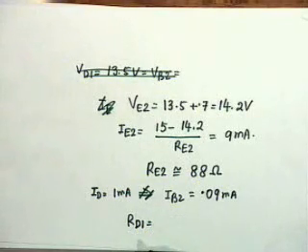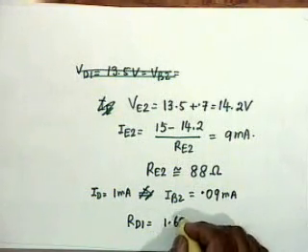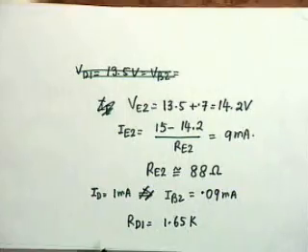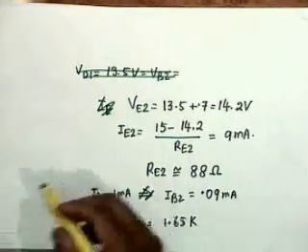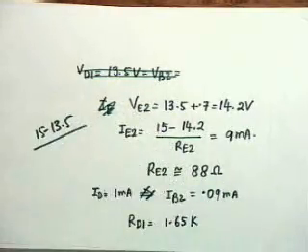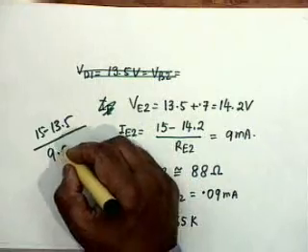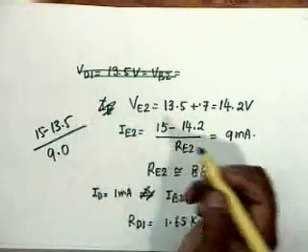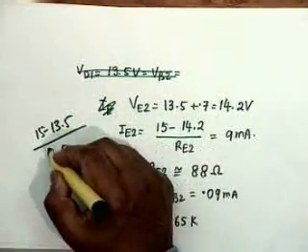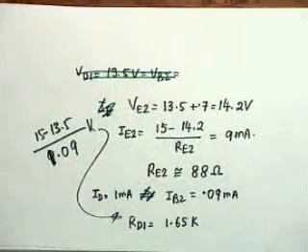Let me not write the equation. I have explained what it is. RD1 is 1.65 K. This is what I find. What I did was 15 minus 13.5 divided by 9 milliampere and 0.09. 1.09 milliampere. So many K, which is equal to RD.